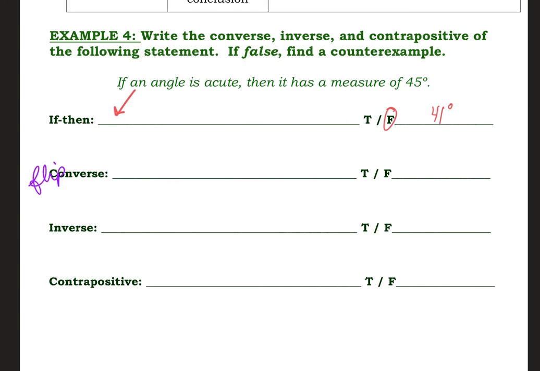All right, let's highlight the hypothesis. And then we'll highlight the conclusion. Okay? All right, we're going to flip this. So instead of writing if an angle is acute, then it has a measure of 45, what should follow the word if? A measure of 45, good. I should use my pen. If it has, so I'm doing the orange first.